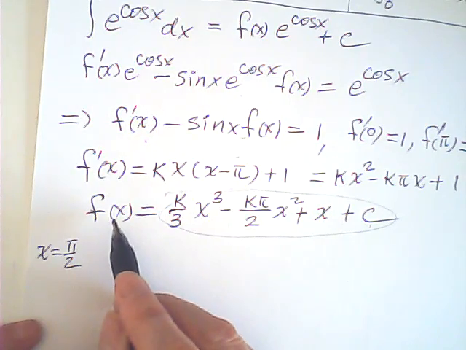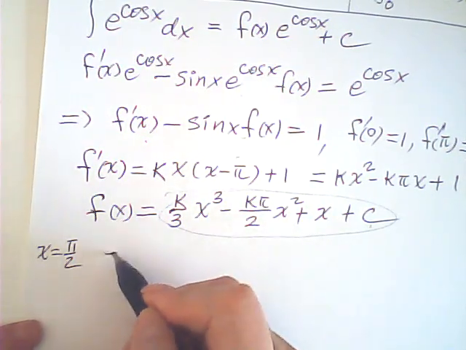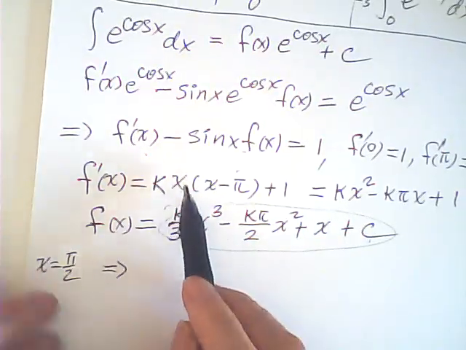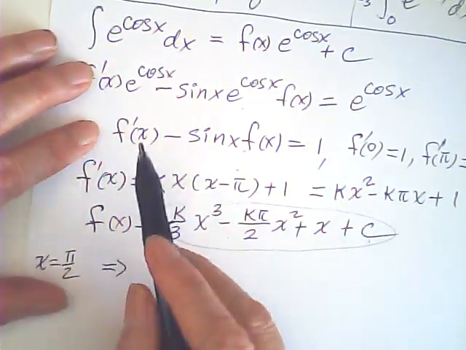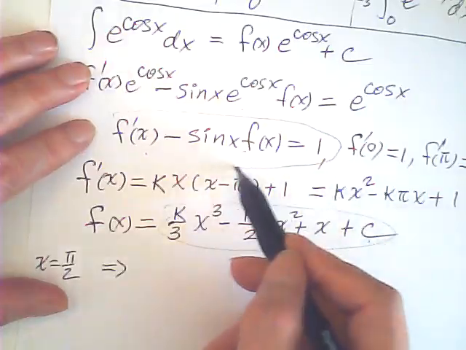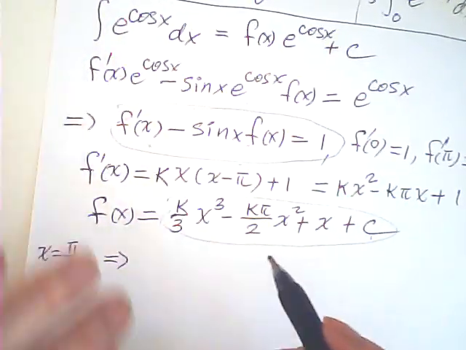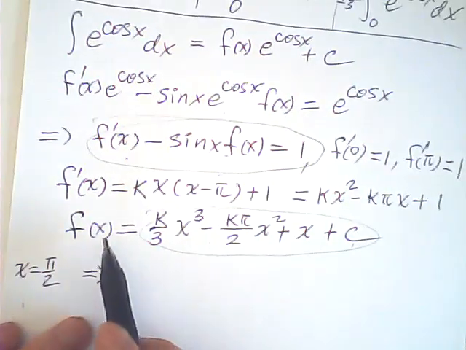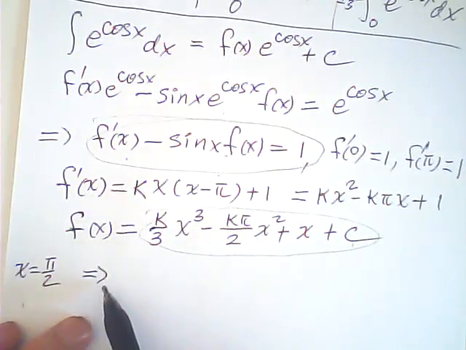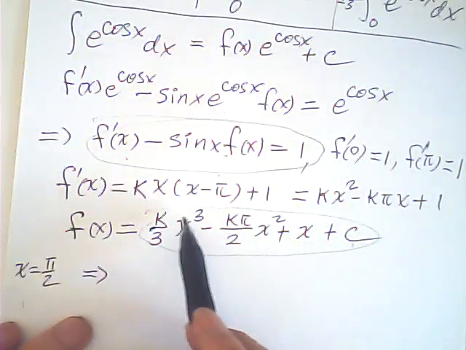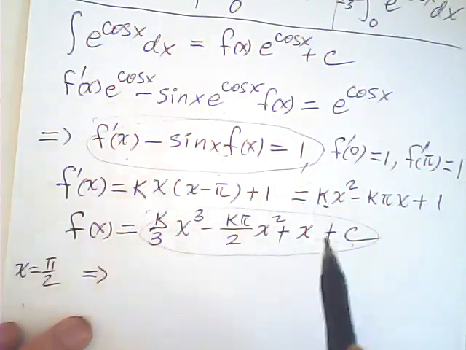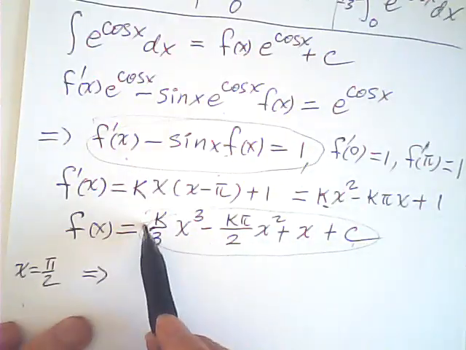We use f prime of half pi. F prime is this, and this is f of x.